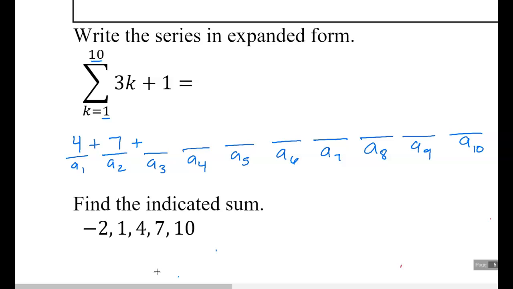Oh, my line went really crooked there, didn't it? Then I plug in 3. 3 times 3 is 9, plus 1 is 10. Plug in 4, 12, 13. Plug in 5, 15, 16. Plug in 6, 18, 19. Plug in 7, 21, 22. Plug in 8, 24, 25. Plug in 9, 27, 28. And plug in 10, 30, 31.